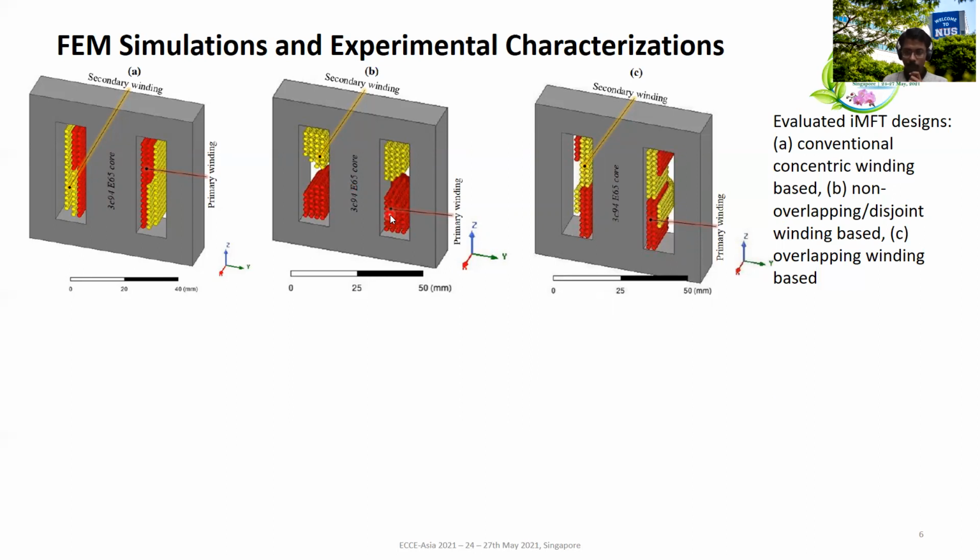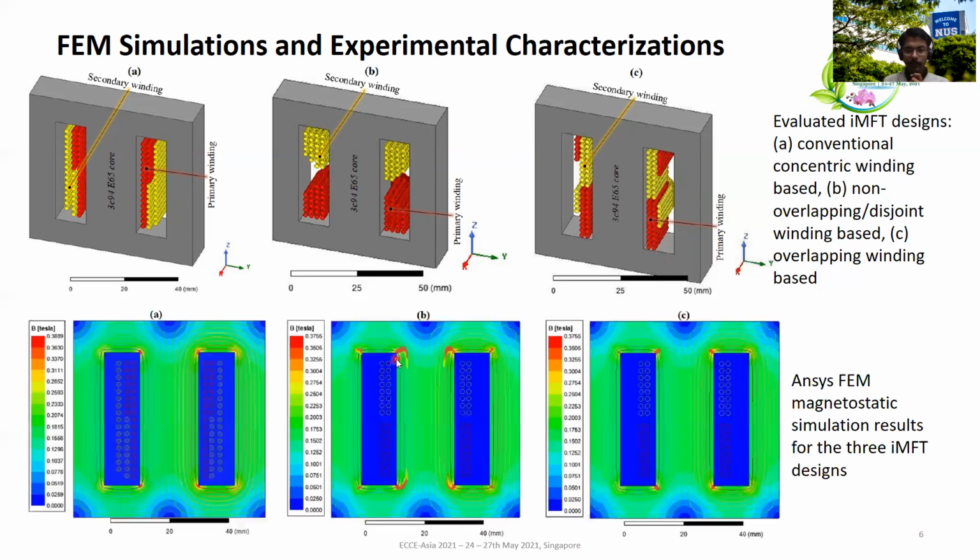The second one is the non-overlapping or disjoint winding based iMFT design, and the third one is the overlapping winding based iMFT design. Though we do some analytical modeling, in the case of the non-overlapping or disjoint winding based design and the overlapping winding based design, the analytical model tends to show an error of more than 5%.